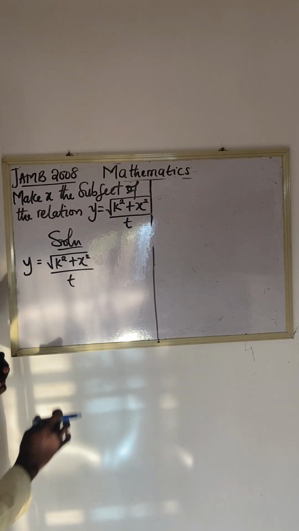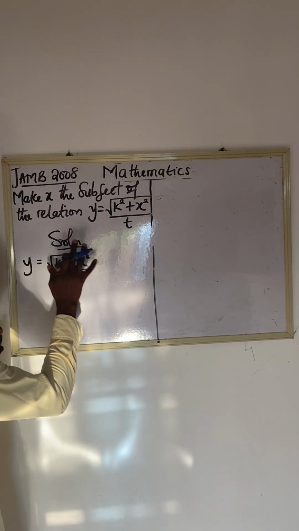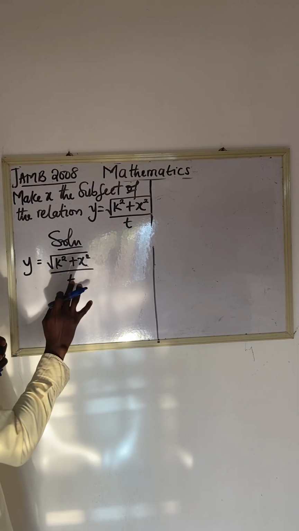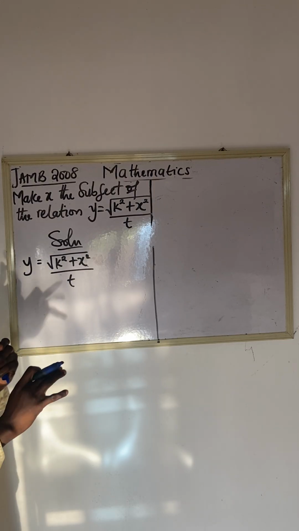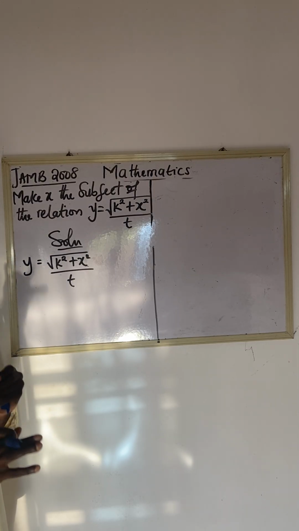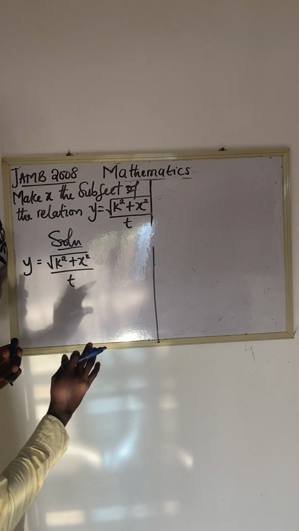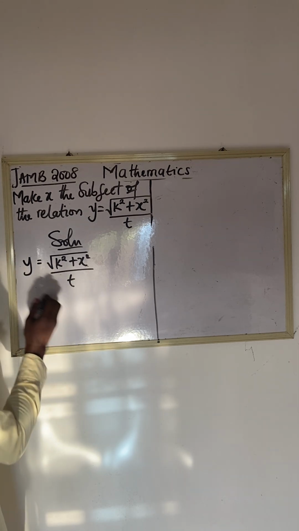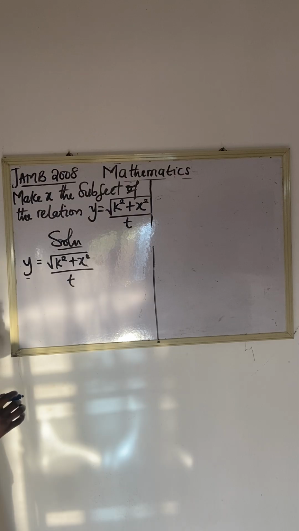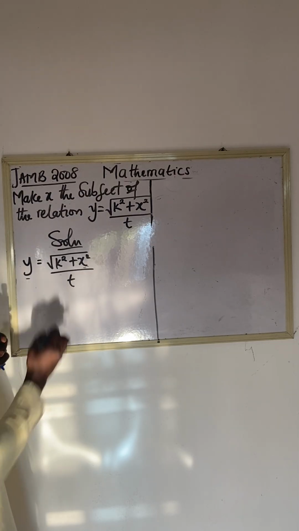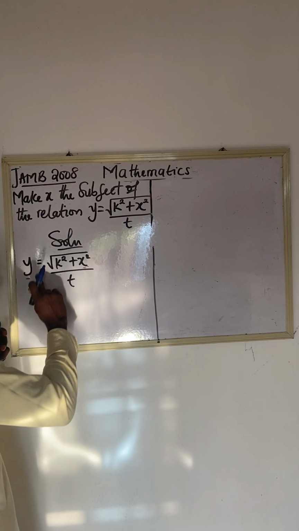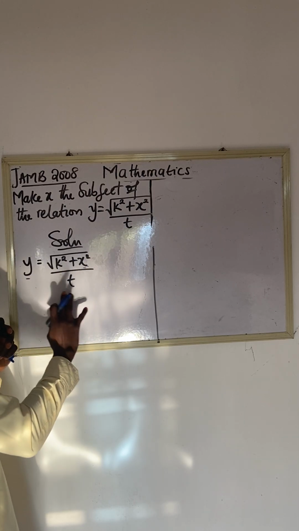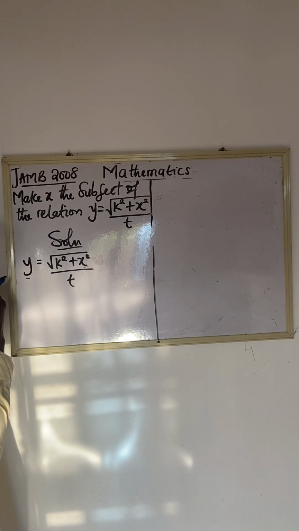Like I said, we are going to look at some of those things that are surrounding our x, some of those things that are disturbing our x from standing on its own. When you look at this question, the subject of relation here is y. So we want to make x the subject by trying as much as possible to remove all of those things that are disturbing it. So let us start real quick.